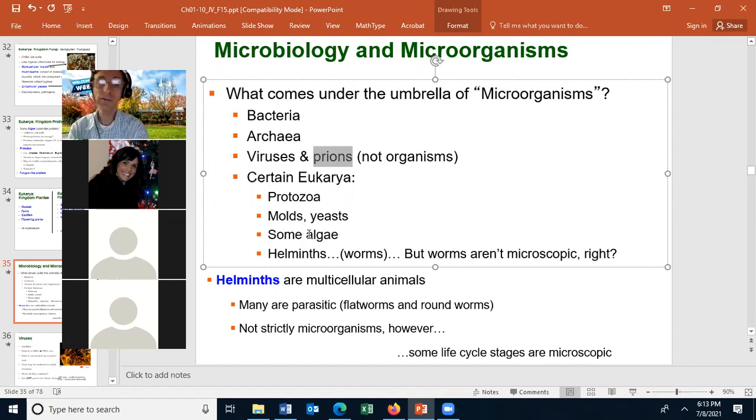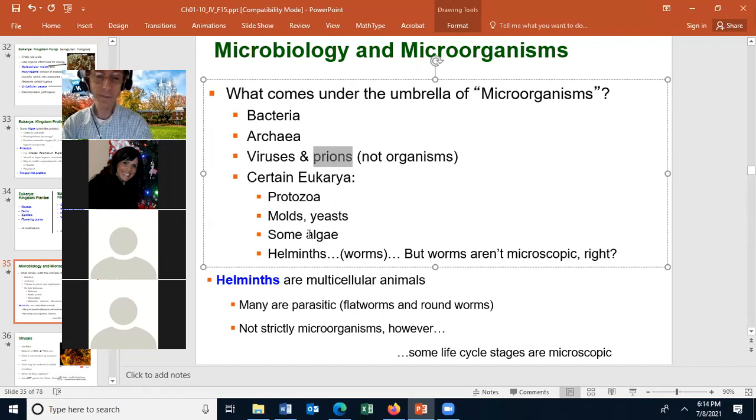But microbiologists group the helminths into the microorganisms because the infective stage of most of the helminths is the fertilized egg, which is microscopic. You need a microscope to see the fertilized egg.